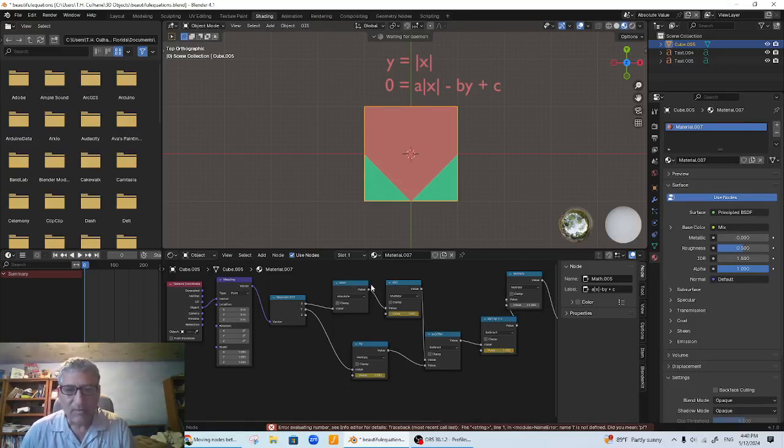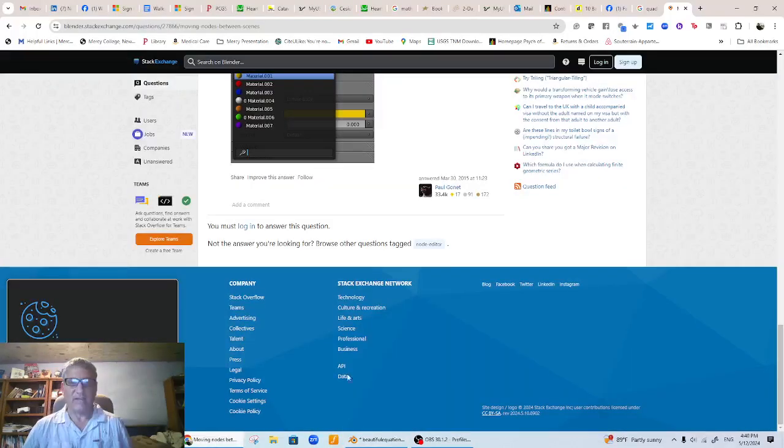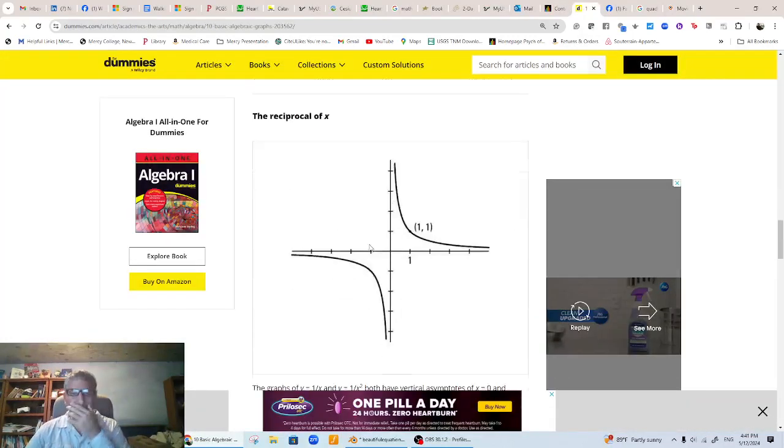Well, what was our other thing? Wasn't it supposed to be, oh, wait a minute. If this is just the absolute value of X, then the A is multiplied by 1, the B is multiplied by 1. That is true, and the C has got to be 0. There we go. Now we're back to where we began. All right. Our animation is still going to do wacky things, but that's where it starts, so that it looks like that. All right. How cool is that?